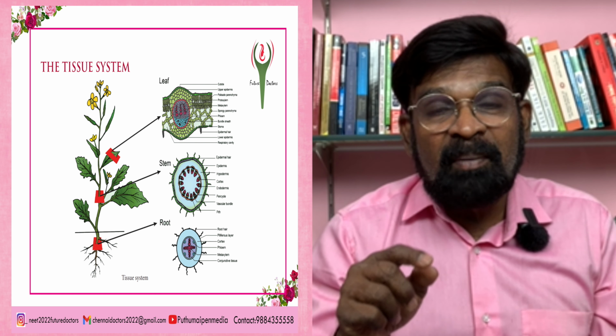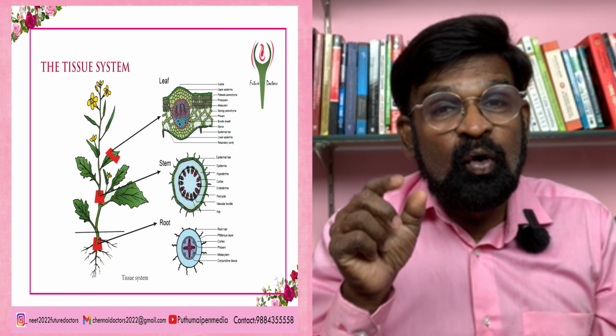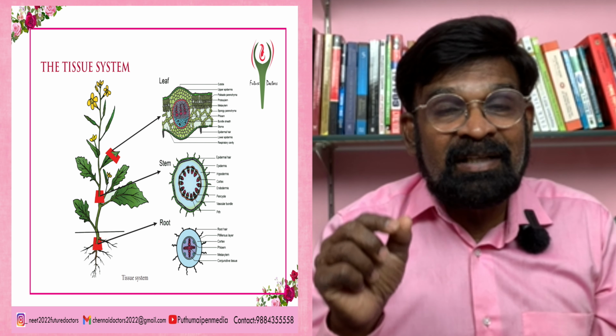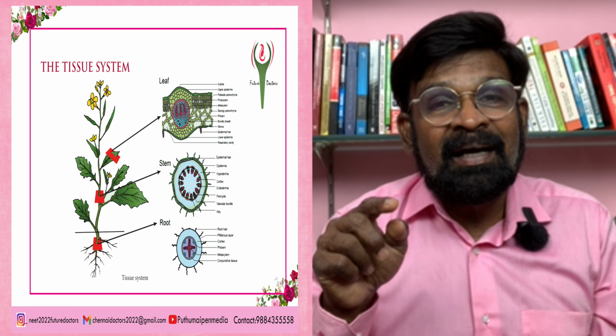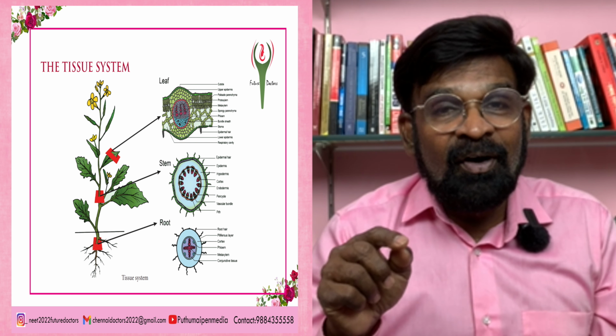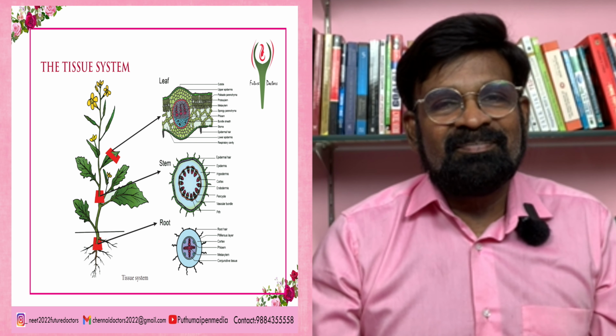It measures about 20 micrometers wide when fully open. In some species, the guard cells are surrounded by subsidiary cells or accessory cells which differ morphologically from the other epidermal cells.